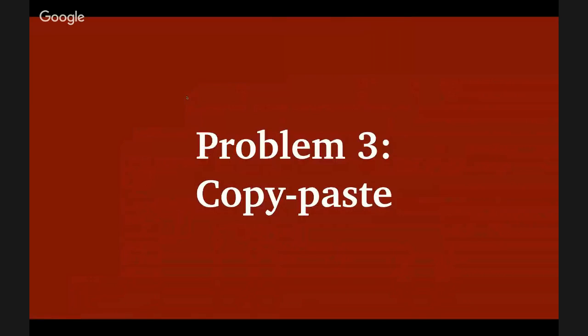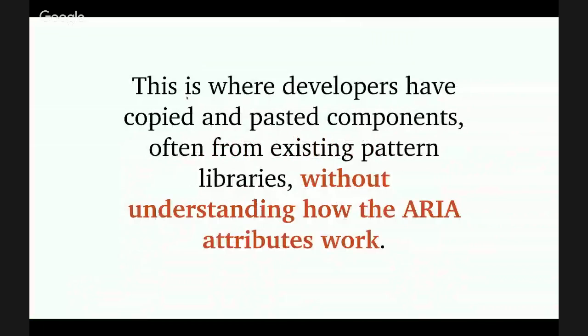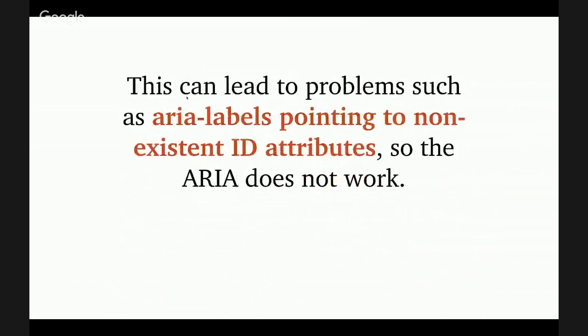The third problem is probably the worst case, and that's this idea of copy pasting. A lot of developers don't understand ARIA, and they'll grab chunks of code, often from existing pattern libraries, and paste them onto pages inside their application without really understanding how the ARIA attributes work. This can lead to all sorts of problems.